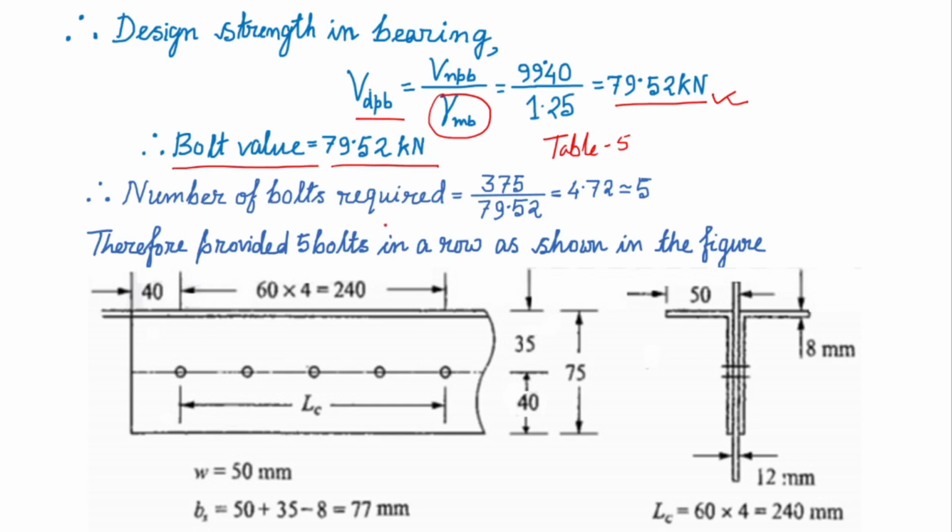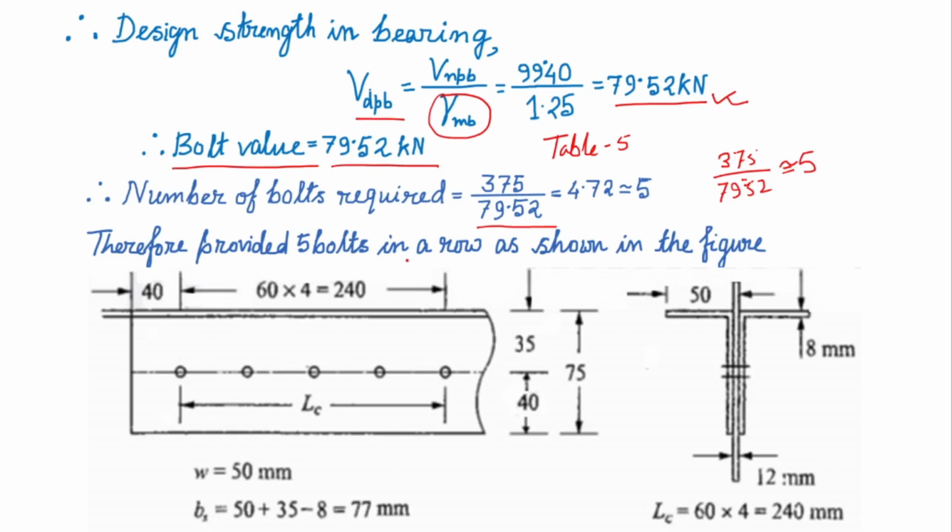So number of bolts required will be 375 by 79.52. That is the total axial factored load, which is 375. It is divided by bolt value 79.52 and approximately it comes out as 5.